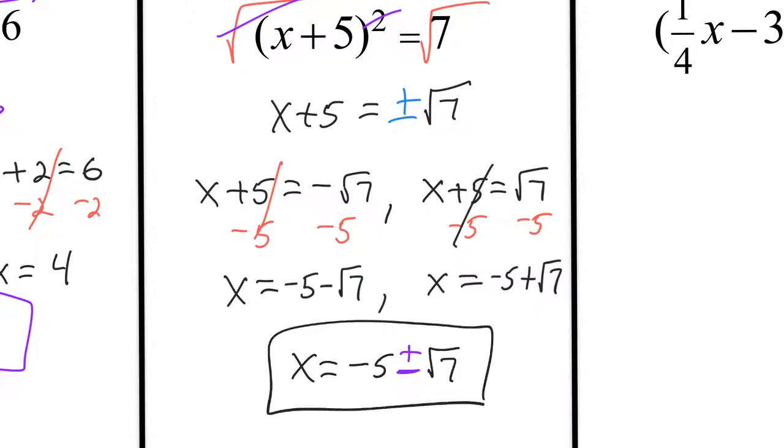So this is a very common way to write our exact answer in radical form. You have negative 5 plus or minus the square root of 7. So those are my answers. We have 2 because we do have 2 answers, plus and minus, but in radical form.